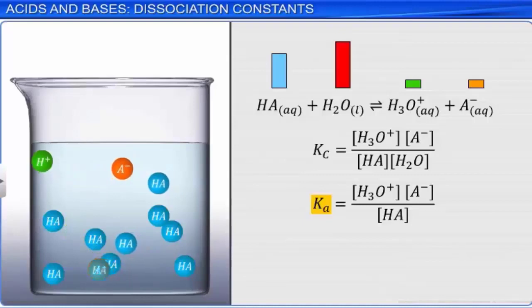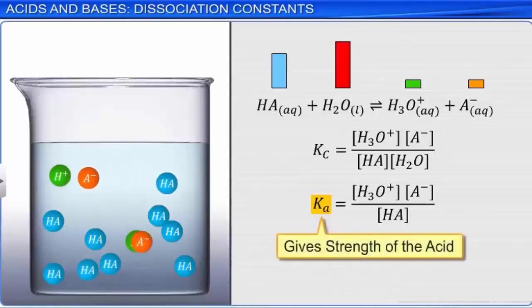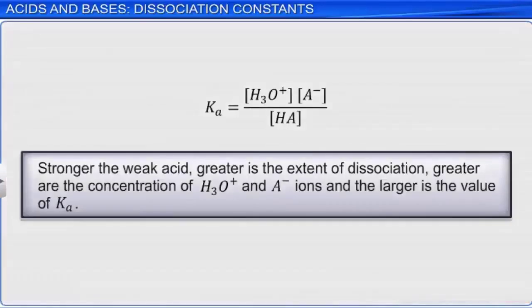The stronger the weak acid, the greater is the extent of dissociation, the greater are the concentrations of H3O plus and A minus ions, and the larger is the value of Ka.